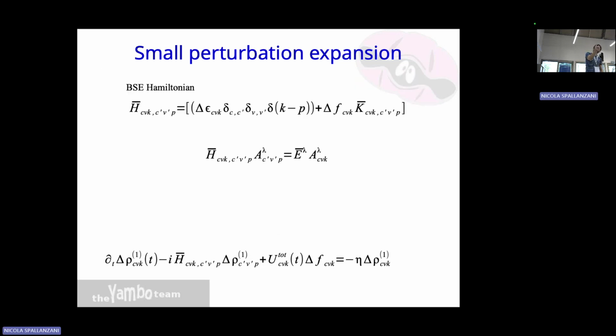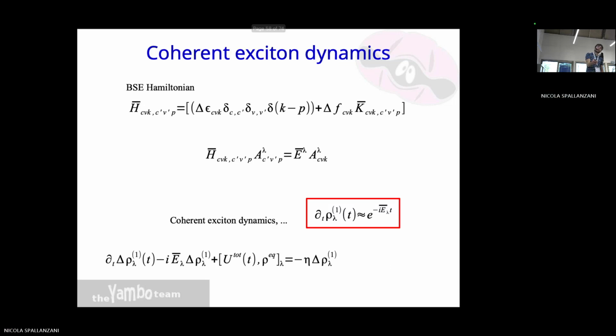Now, what I can also observe is that this equation of motion, this Hamiltonian, can be diagonalized from the conduction-valence space to the exciton space. And if I use the excitonic space, I can also rewrite this equation projected in the excitonic space for the lambda index.